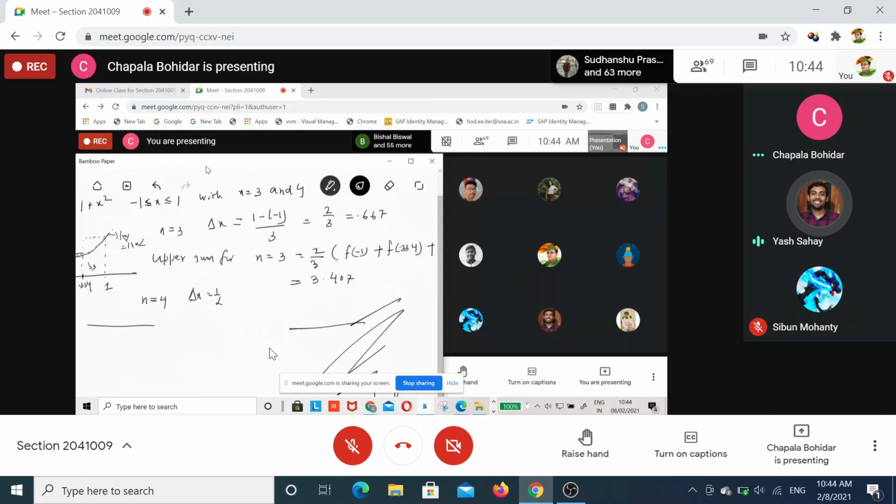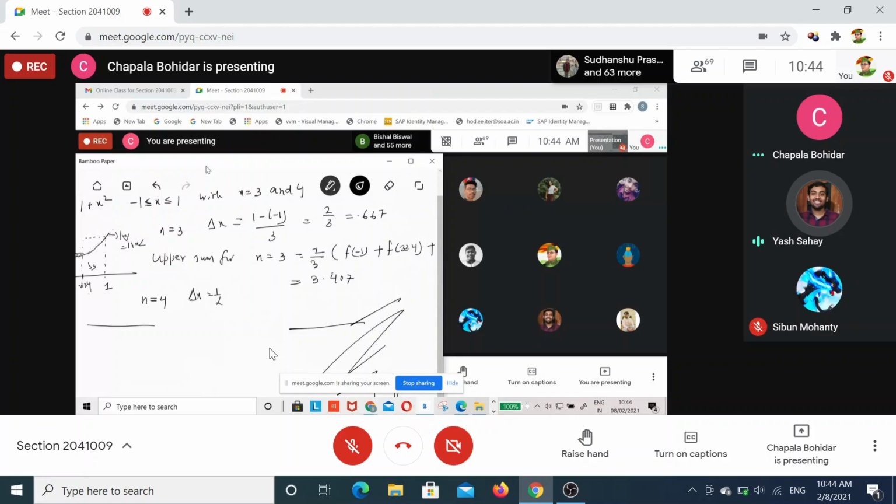Clear? So your upper sum for n is equal to 4, what do you write down? It is equal to 1 by 2, 0.5.